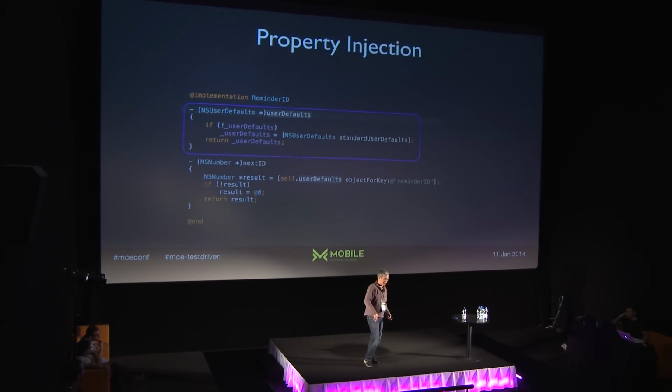So all it does is look at the backing instance variable and ask, is it set? If it's not set, I'll use the standard user defaults. If it is, fine, I'll use what I already have. So in this way, this is very powerful. This is getting better and better.